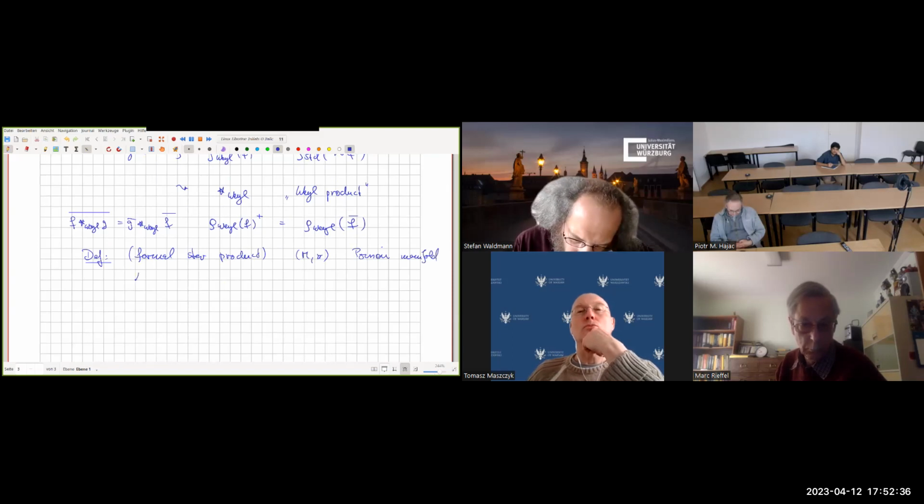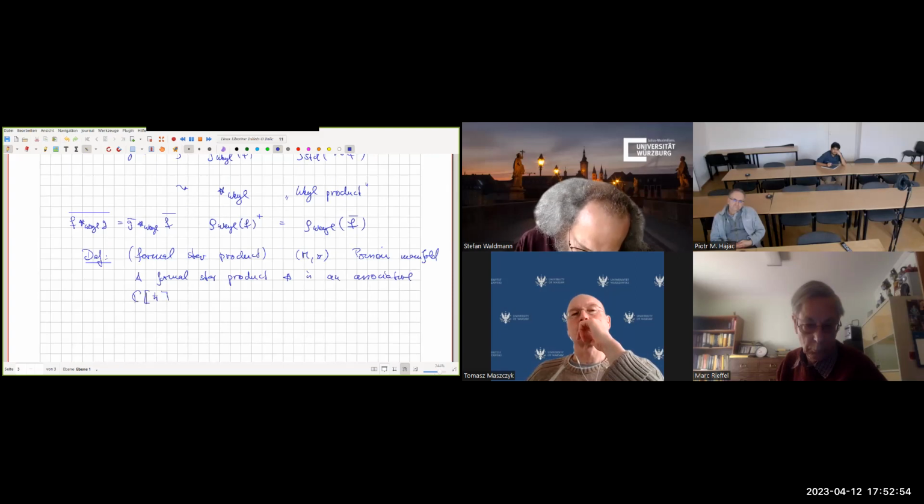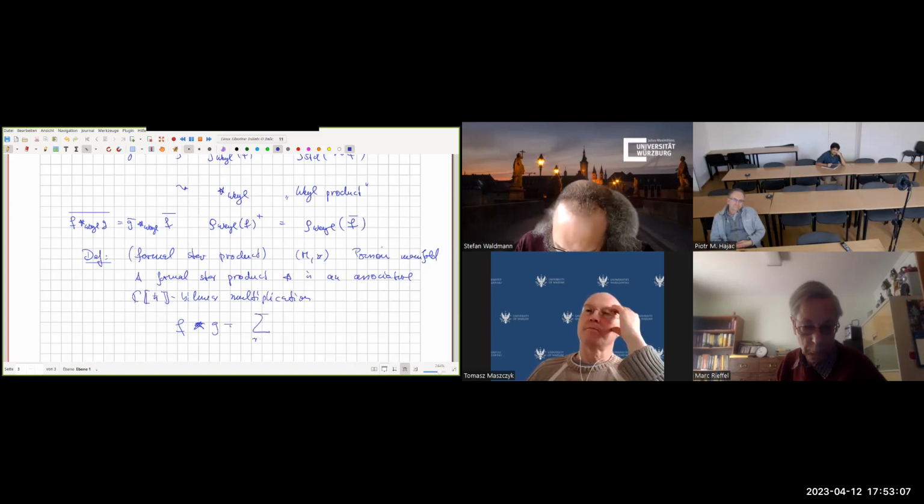And then a formal star product is an associative, formal power series in H bar, bilinear multiplication, which I write as F star G, being a sum expanded in powers of H bar.